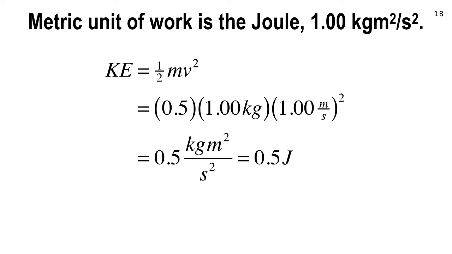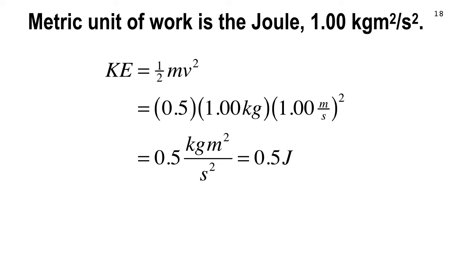And joule is the name of a British scientist from the 1800s that figured out a lot of energy concepts. So for instance, if you take a 1 kilogram object and it's moving at 1 meter per second, its kinetic energy is 1/2 times 1.00 kilograms times 1.00 meters per second quantity squared.